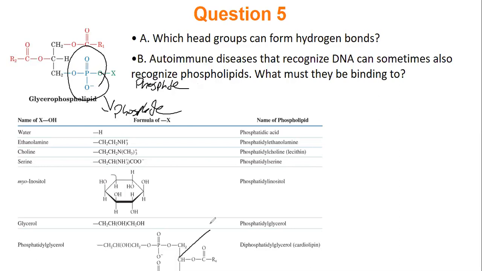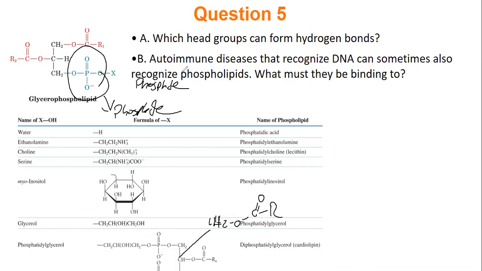Coming off of that carbon is another CH2O C double bond OR. So more or less, you have a second glycerol coming off of that phosphate.